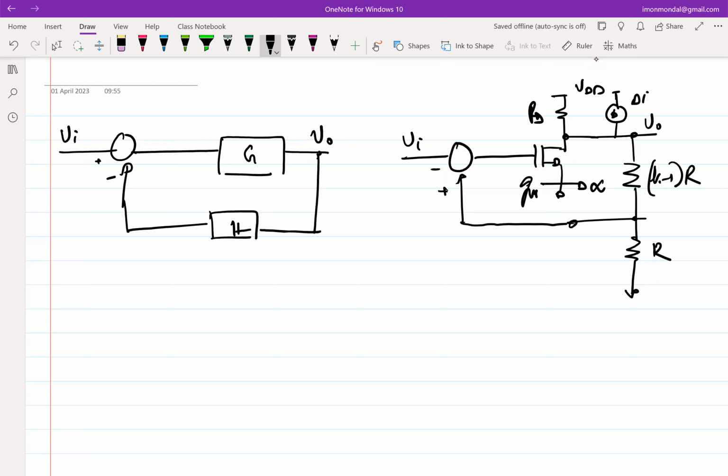So what do you think? What is your intuition telling you? What will delta I be? So will it be delta I times RD parallel KR, or it will be different?